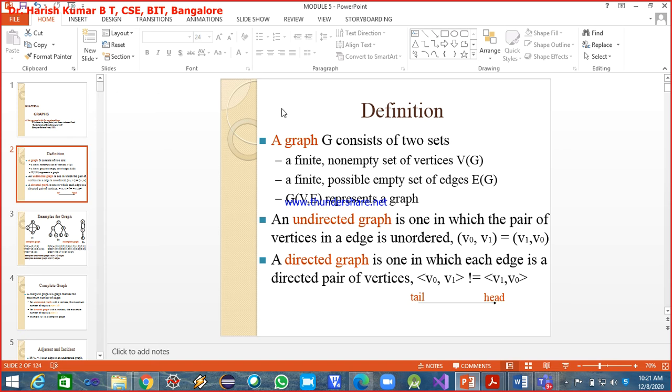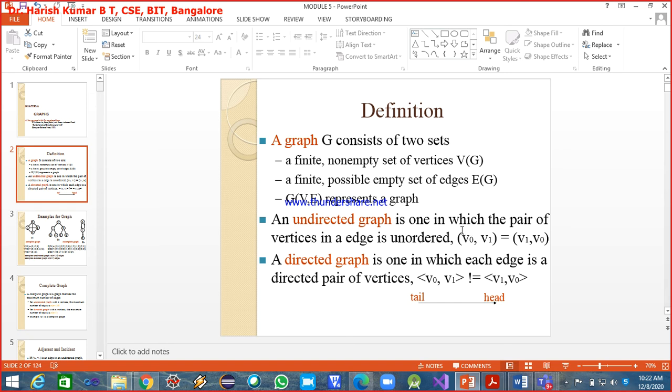Graphs can be broadly classified into two types: directed graph and undirected graph. Now what is an undirected graph? It is a graph in which the pair of vertices in an edge is unordered.